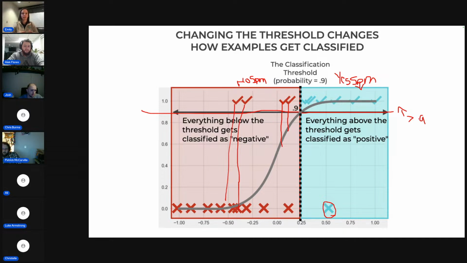The two terms I would look up are precision and recall. And then the score that we're going to learn about in that course is something called the F1 score, which can be generalized into something called the F beta score. And the F beta score can be programmed to emphasize either precision or recall.